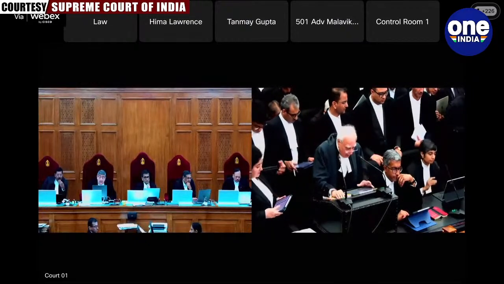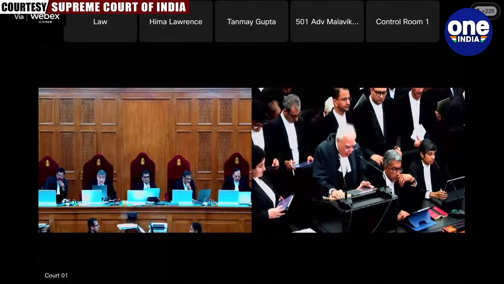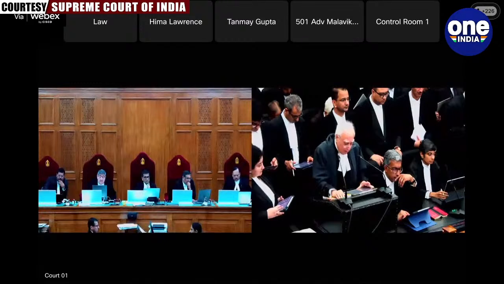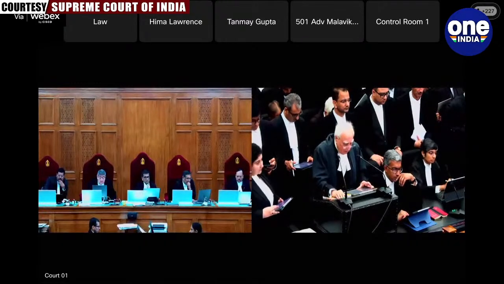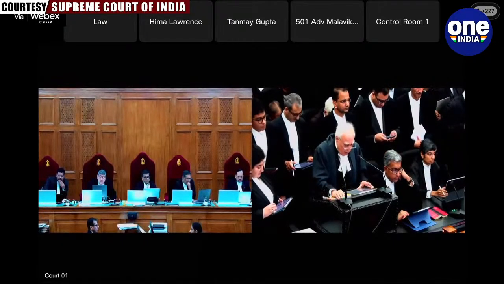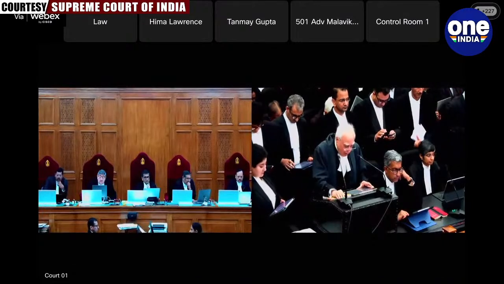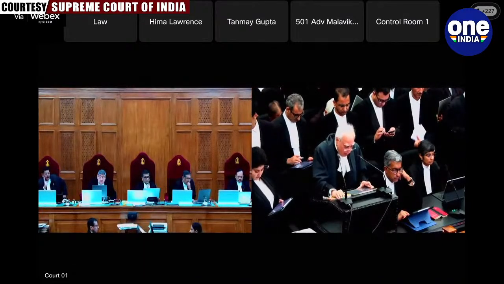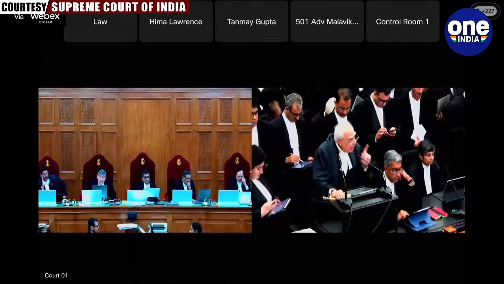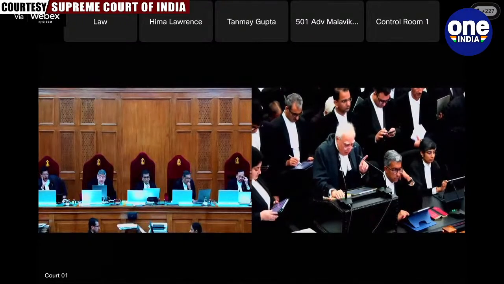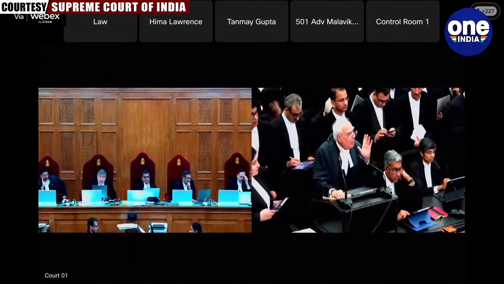Now kindly see the definition clause. In this Constitution, unless the context otherwise requires, the Constitution of India means the Constitution of India as applicable in relation to the state.